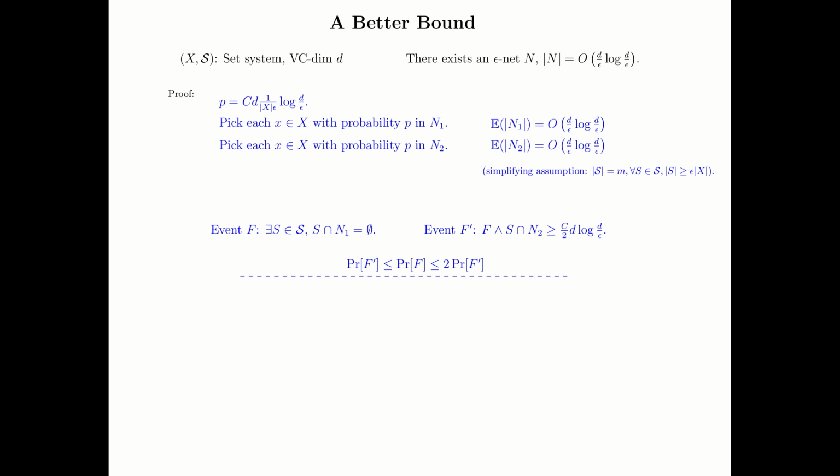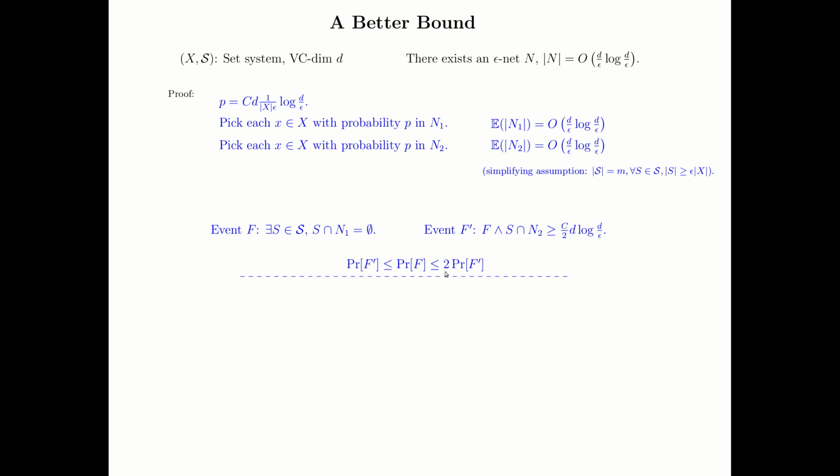That probability is obviously constant. In fact, you can show that it's at least 1 over 2. So with probability 1 over 2, the subset S that makes N1 fail will on average have this many elements in N2, and thus you can show that this part of the probability event happens with probability 1 over 2. Thus we have the following inequality.